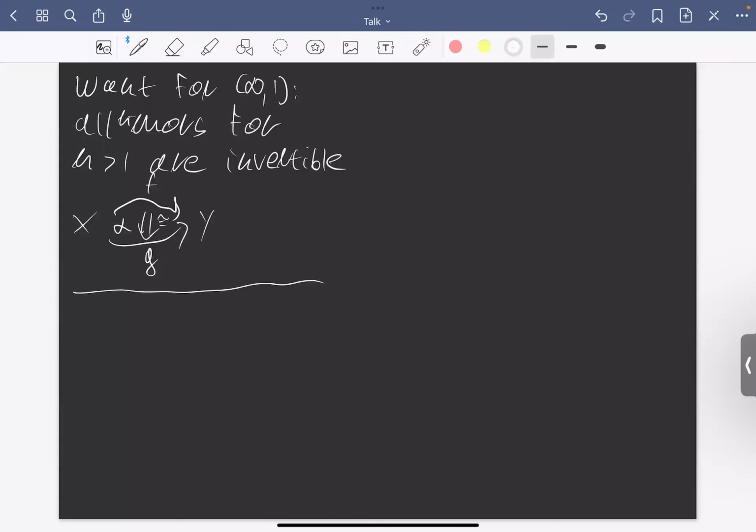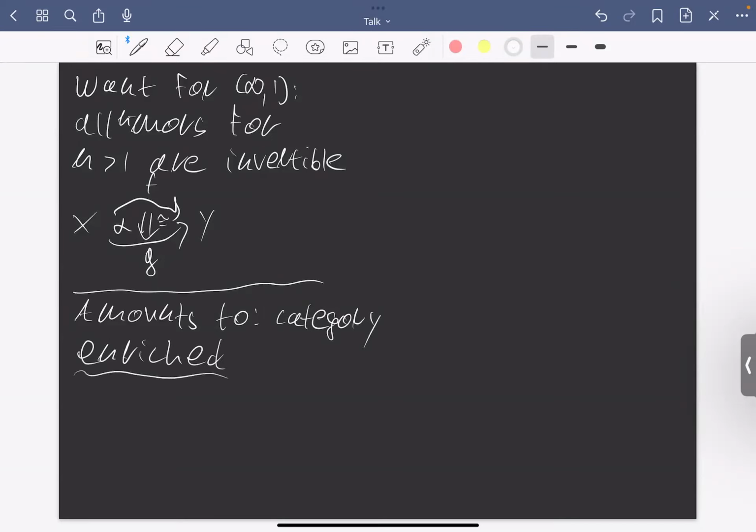And what it turns out that this amounts to is something like a one category, but enriched in spaces. So an infinity one category is something like a category enriched in spaces. So from now on, when I say infinity category, I really mean infinity one.